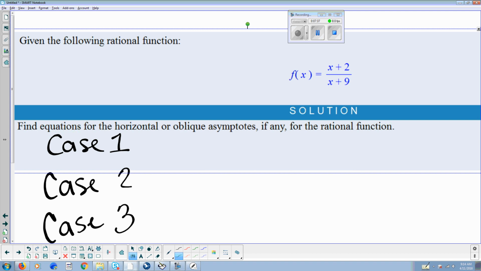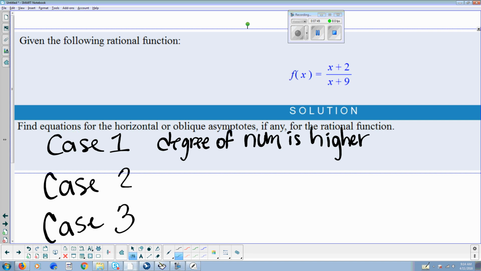If the degree of the numerator is higher, then we would say no horizontal asymptote, but there may be an oblique asymptote. Do you remember that graphic organizer we created? It's on the paper, and I'd done it in a Sharpie. We had a video of it.